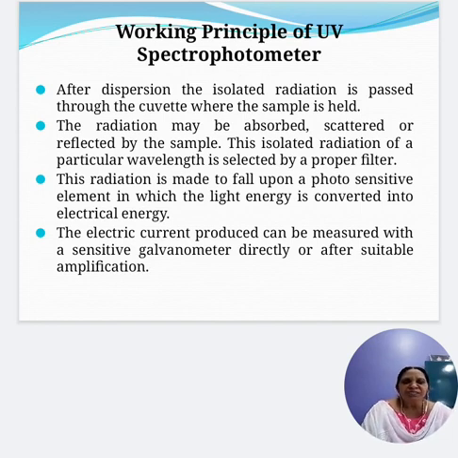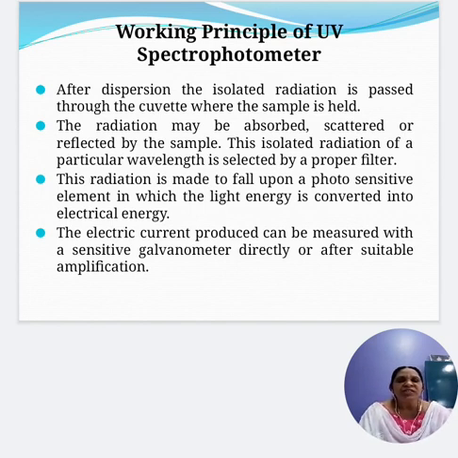This radiation is made to fall upon a photosensitive element, that is your photodetector. After coming from the sample, the radiation may be absorbed, scattered or reflected by the sample. This radiation is made to fall upon a photosensitive element in which the light energy is converted into electrical energy.